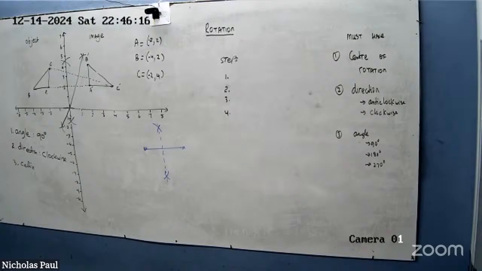Last step, step number 5: read off the point where both lines intersect.